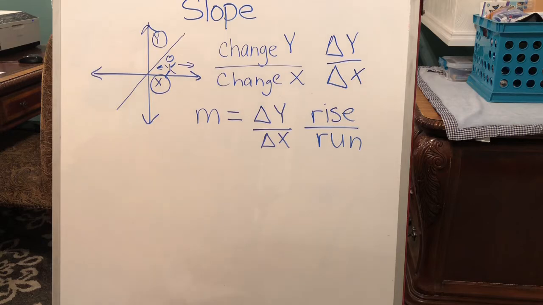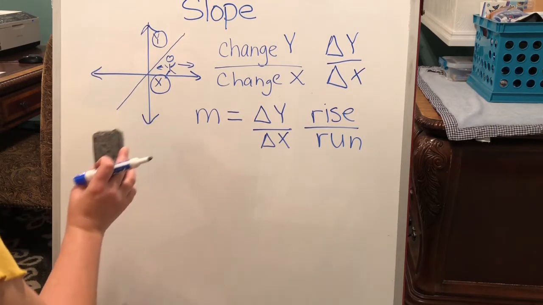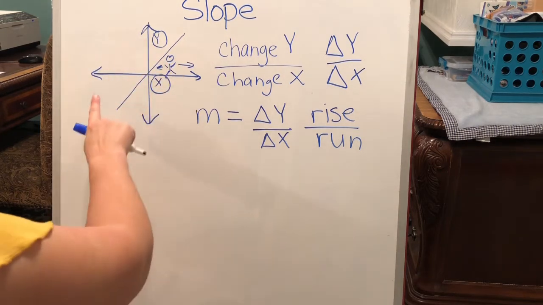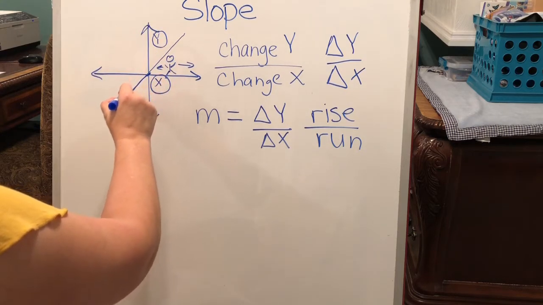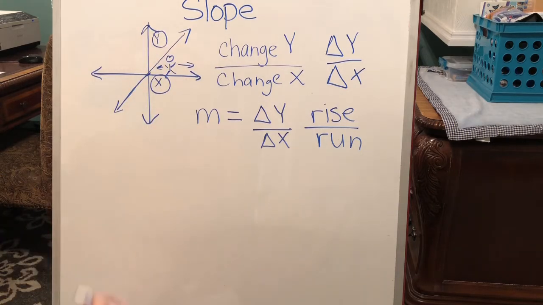All right, so the next thing we're going to ask ourselves is, how do we identify slope from 2 points? Imagine that this is our line, and we're just going to pretend it passes through the origin here. And we're going to pick 2 points.